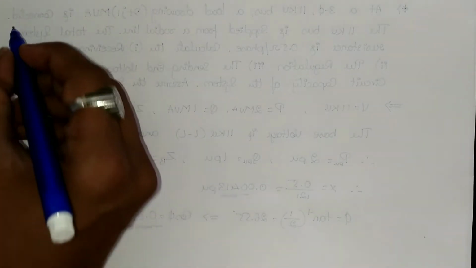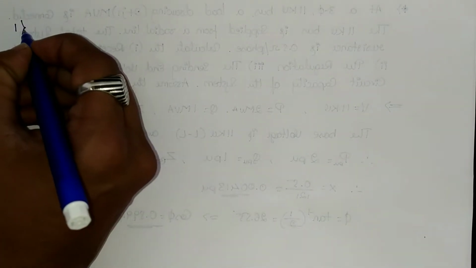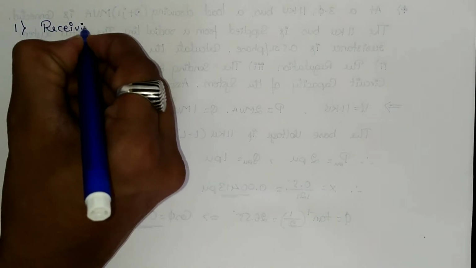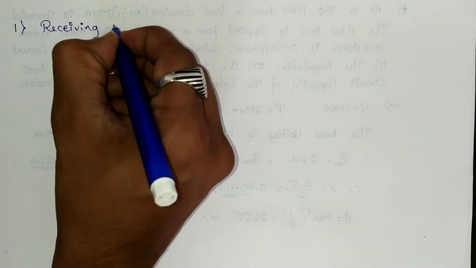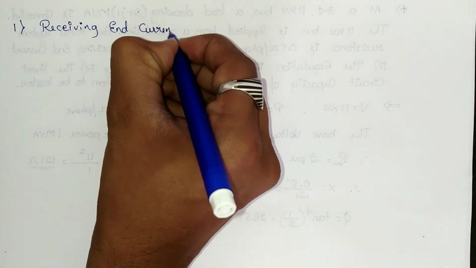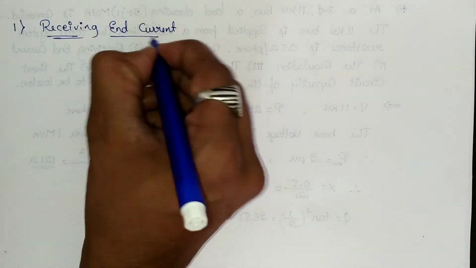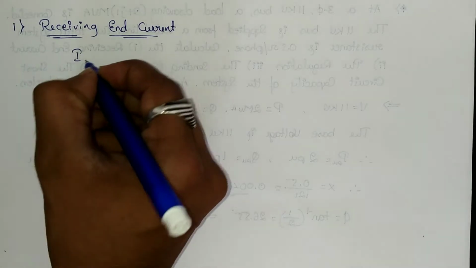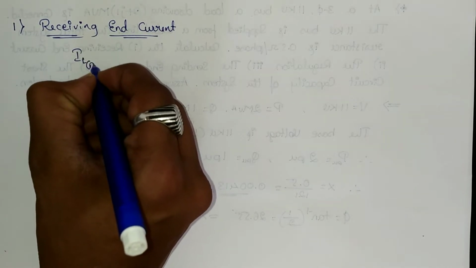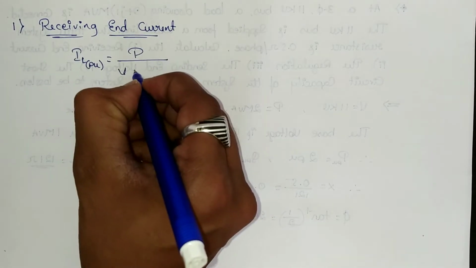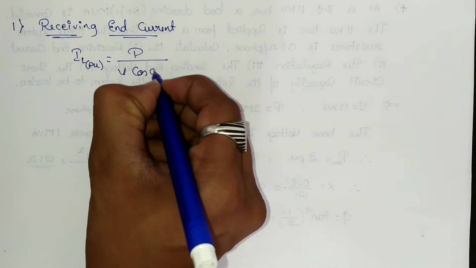Let us start with the receiving end current. To calculate the receiving end current, IL per unit would be equal to P divided by V cos phi.